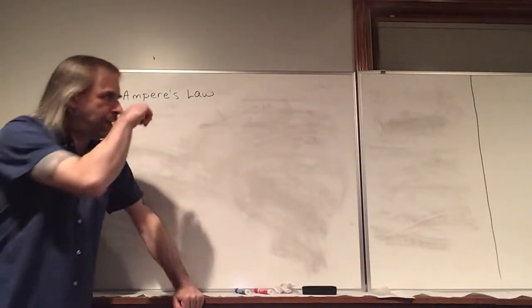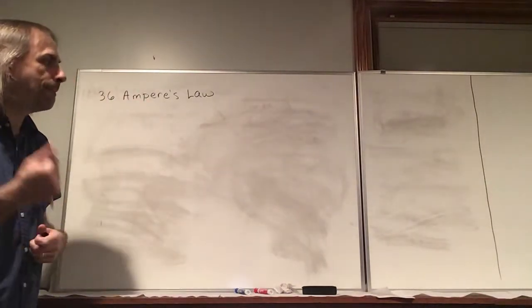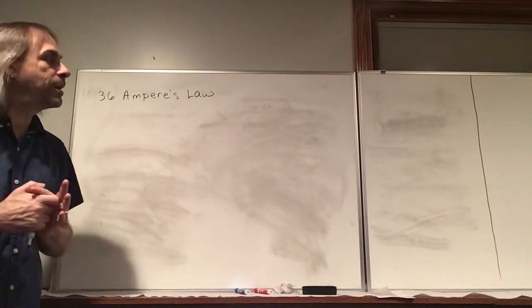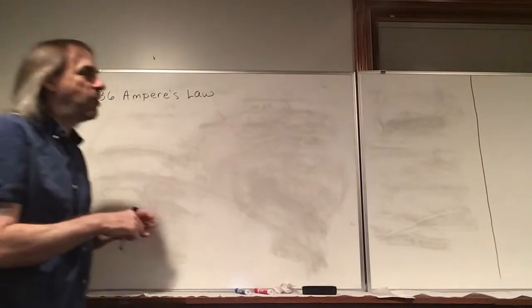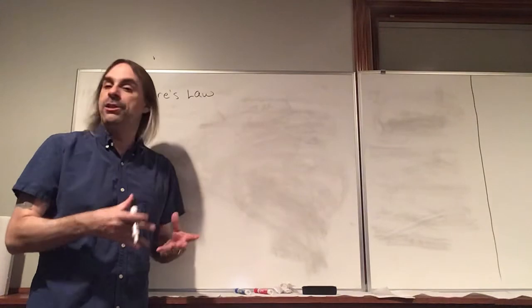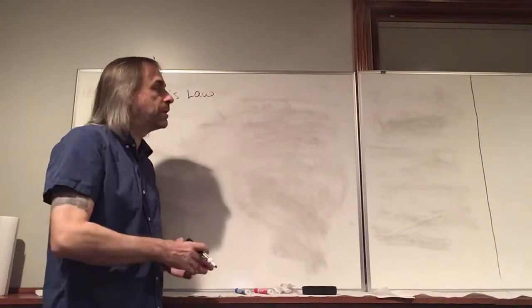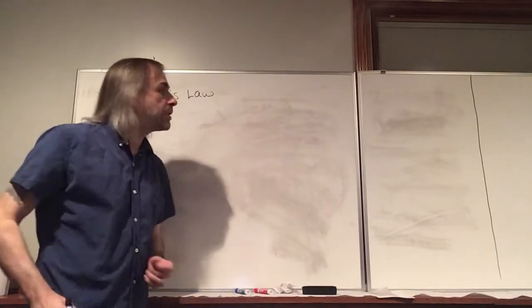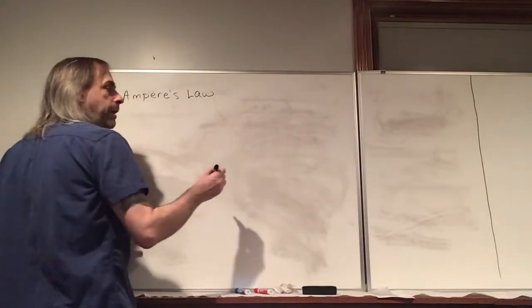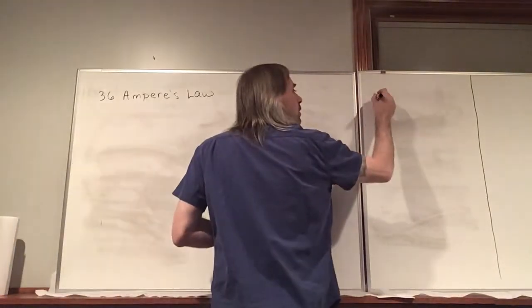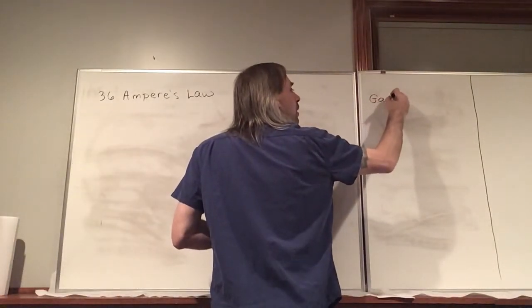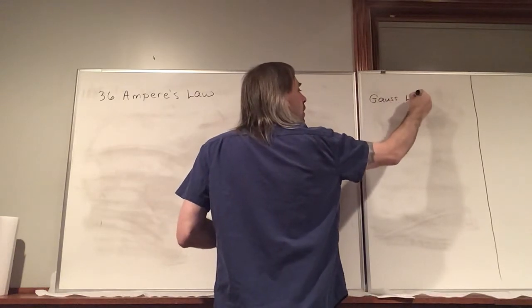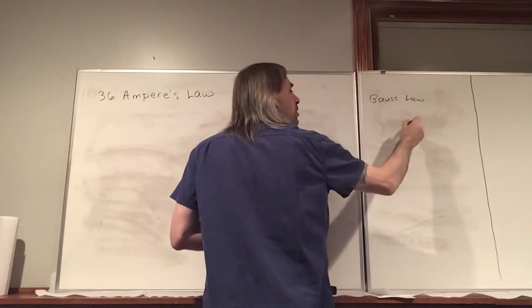And this is actually kind of a complicated thing. So like in Gauss's law, where we had to create a surface, it could be an imaginary surface, and define a flux through it. For Gauss's law, we had a closed surface.